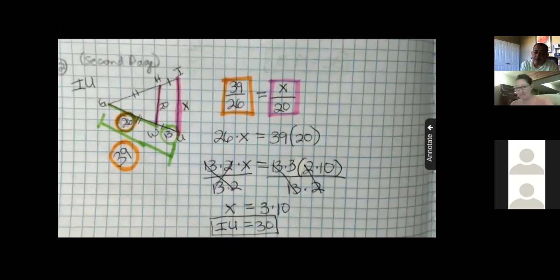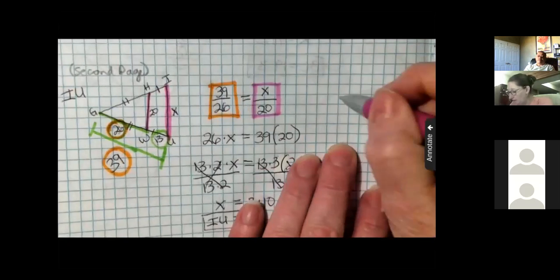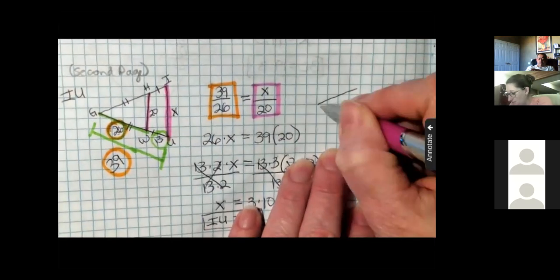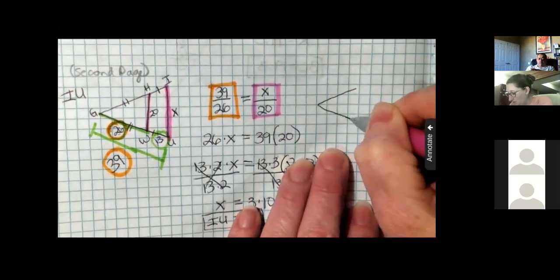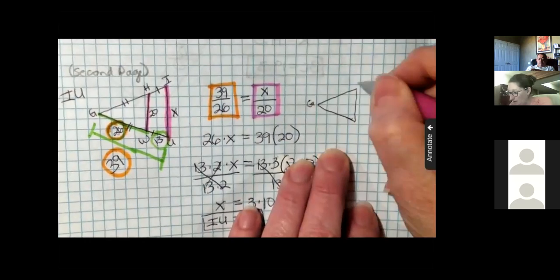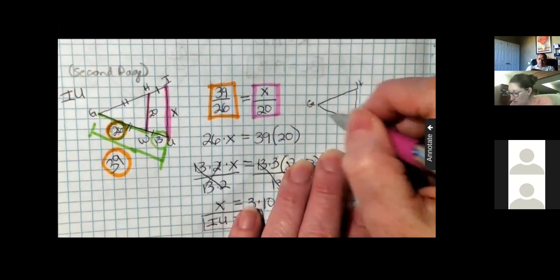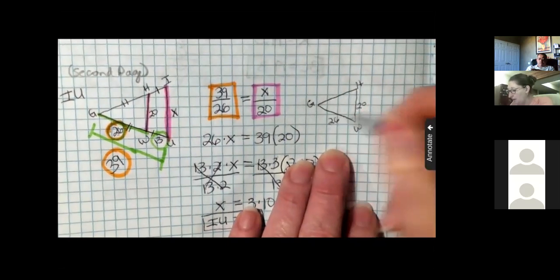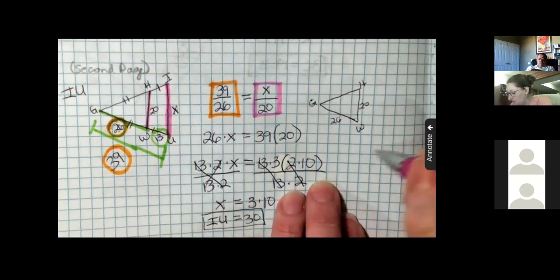For this problem, sometimes if you redraw the small triangle and the big one, then you can see it. I didn't do that, but I could have gone over here and done the small one. So G, H, and GW, and gone 20 and 26. And then I could have done the bigger one.